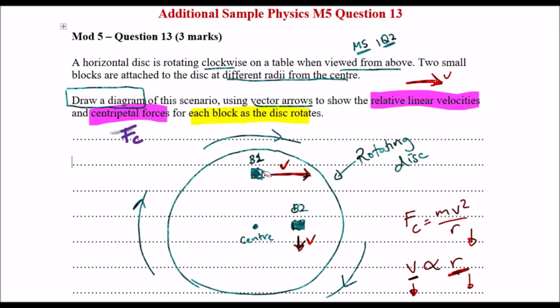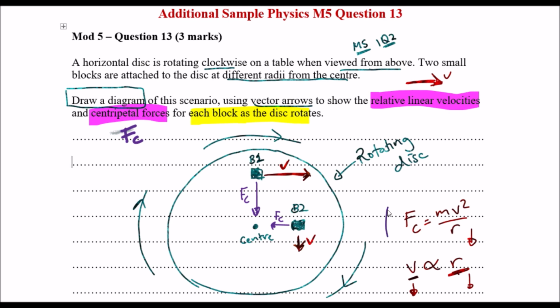If the object was moving faster with a larger radius, then you need a stronger centripetal force to pull the object back in. So just redraw that one. We'll draw this one with a larger centripetal force, whilst this one has a slightly smaller centripetal force coming in like that. And that's how you perform this question.